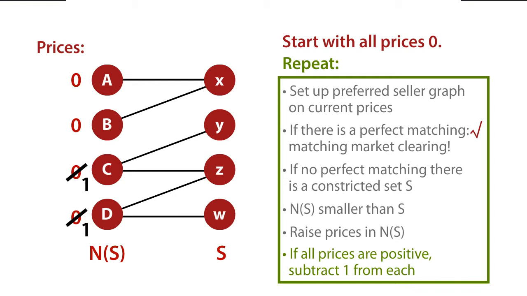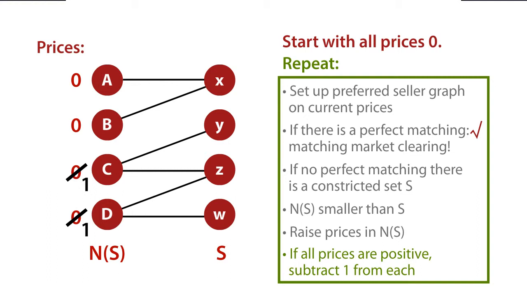So now our algorithm will be, as we had it before, setting up preferred seller graphs, looking for perfect matchings or alternatively constricted sets, raising prices on the neighbors of the constricted sets whenever we find them. But if we ever find ourselves in a situation where all prices are positive, then we can subtract 1 from each of the prices. So why is this last step good?